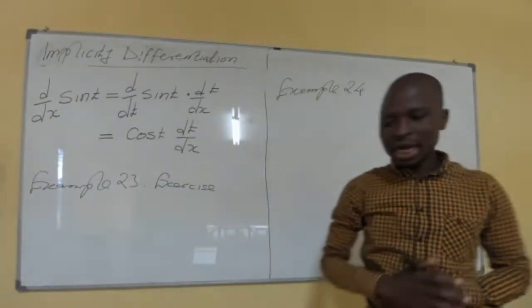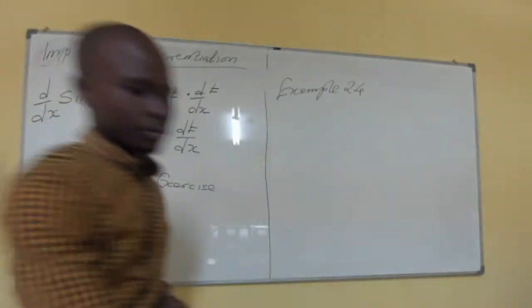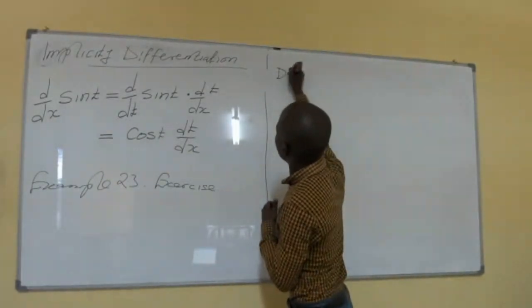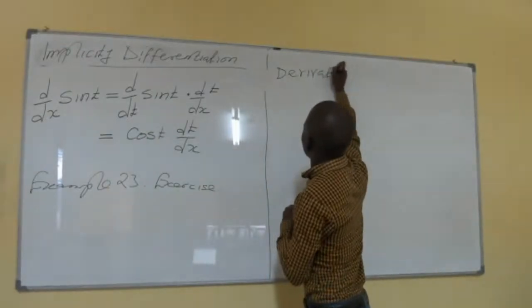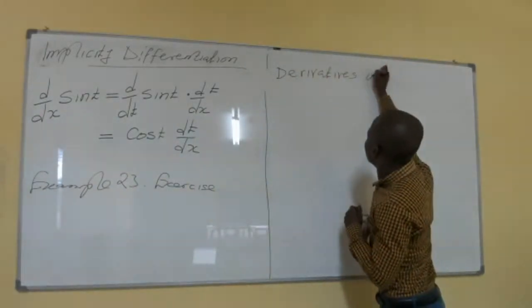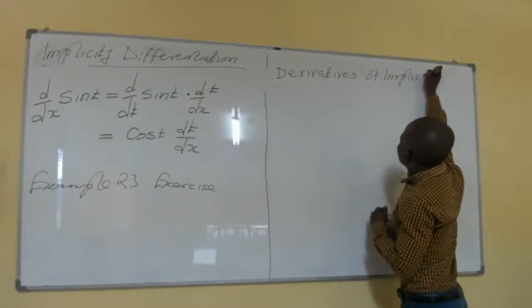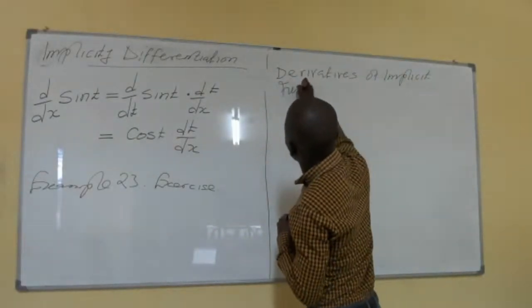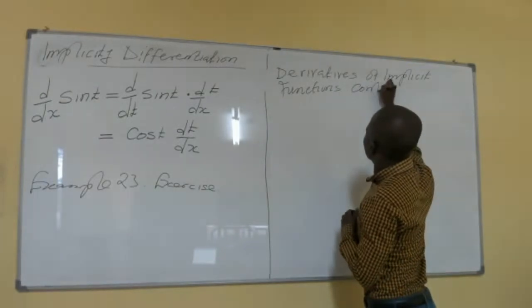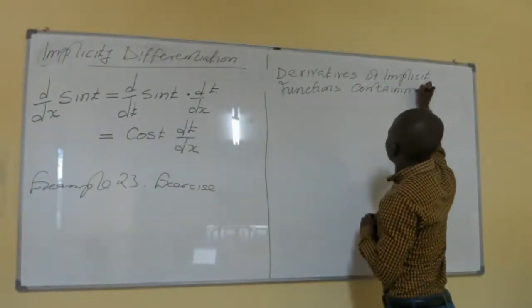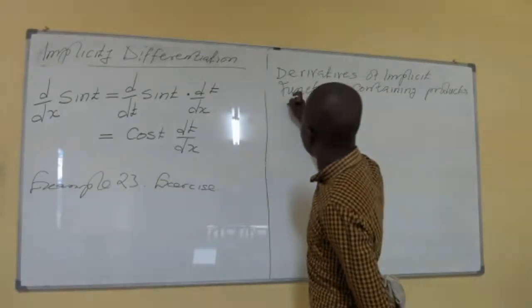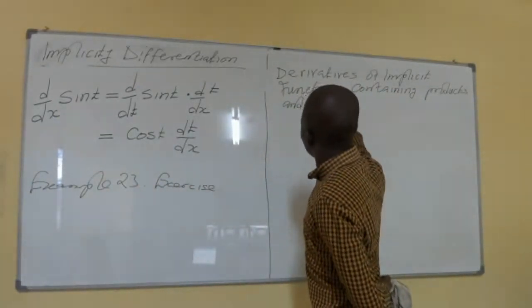This example is under derivatives of implicit functions containing products and quotients.